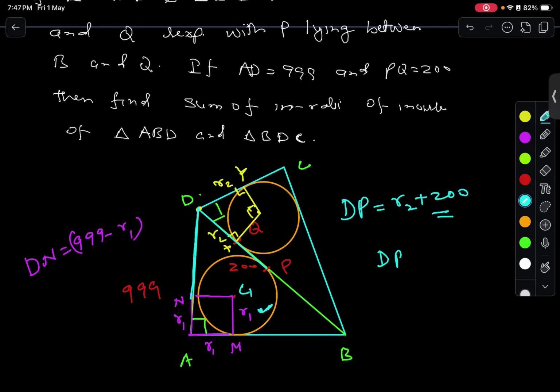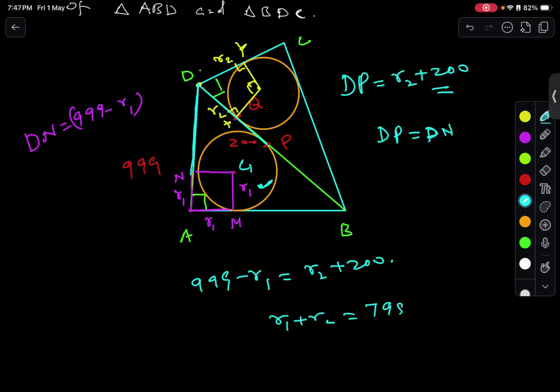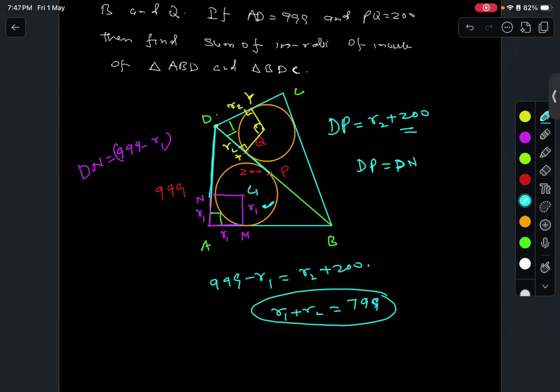And DP is equal to DN only. Okay. Means 999 minus R1 is equal to R2 plus 200. Means R1 plus R2 is coming as... wow. Very simple, very simple, very simple.